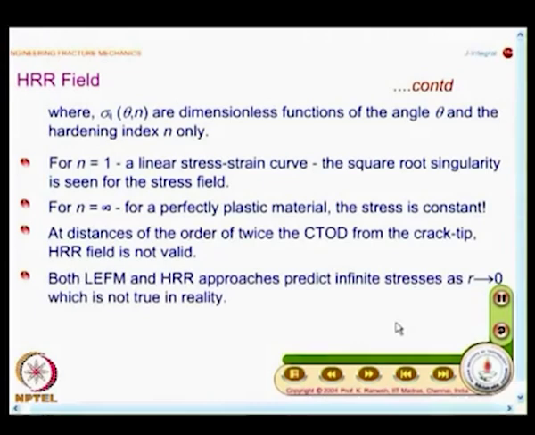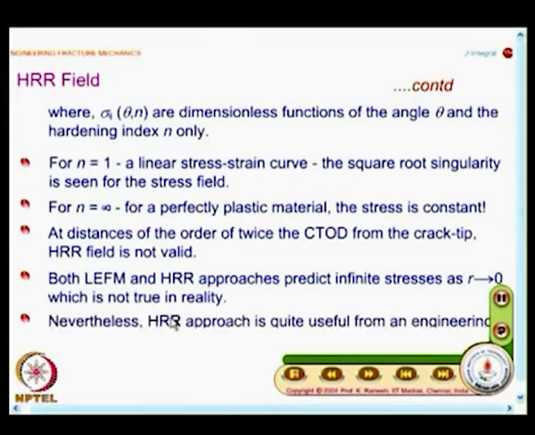The HRR field represents a zone slightly away from the crack tip, where it is dominated by J, and this is again emphasized. Both linear elastic fracture mechanics and HRR approaches predict infinite stresses as r tends to 0, which is definitely not true in reality.